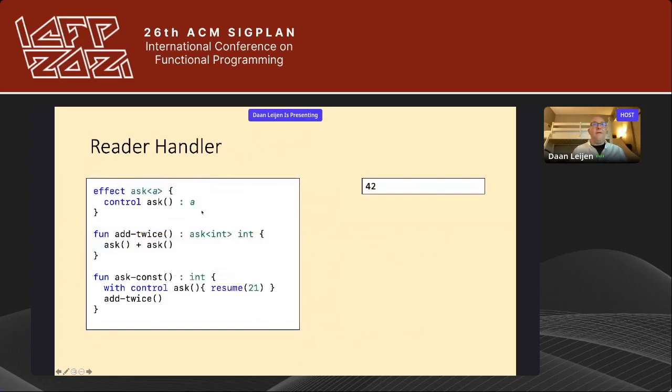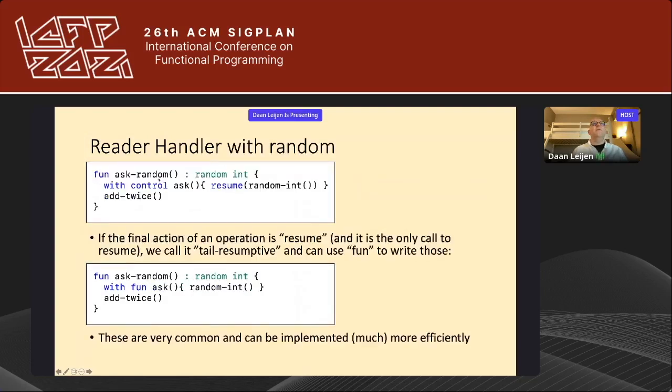In the previous one, we became total because we handled all ask effects, and there was nothing else, no other effects. Here I have a random ask. Here I say I resume with random integers. But to get random integers, I have the random effect. Somewhere further out, someone needs to define what the random number generator is with another handler. So this is a common occurrence where you transform from one effect to the other, right?